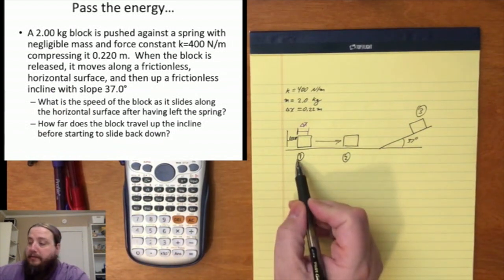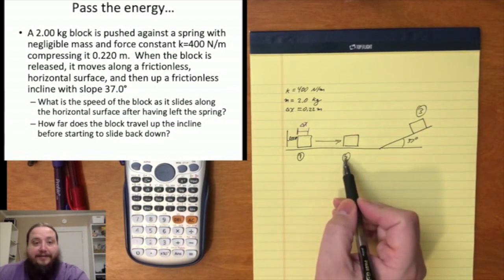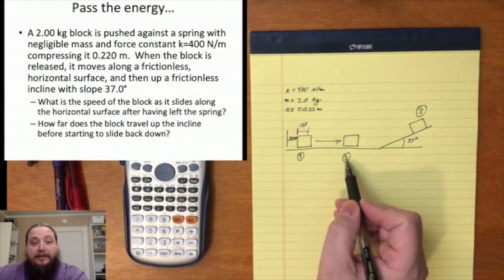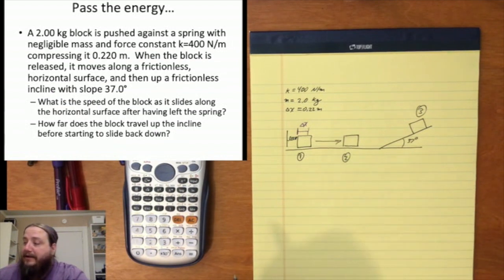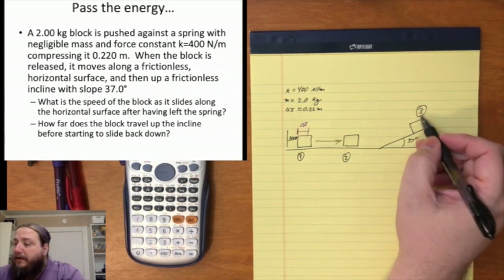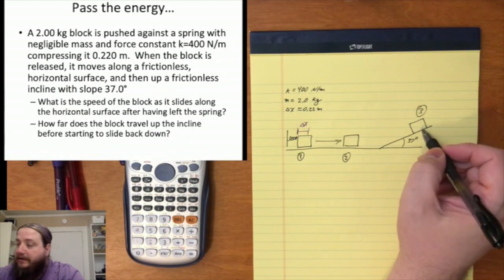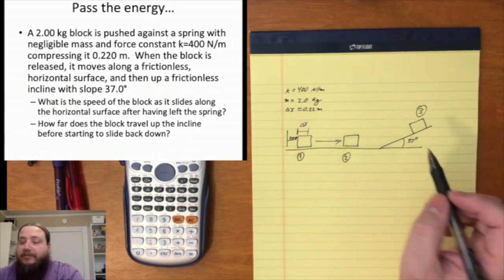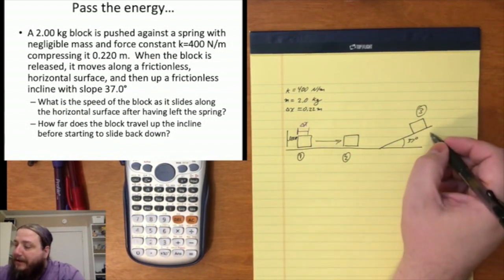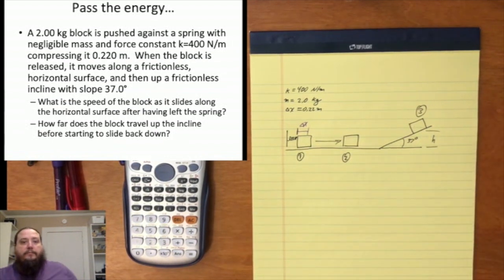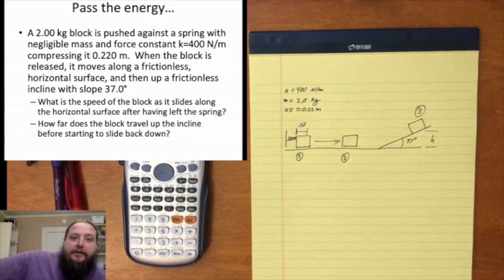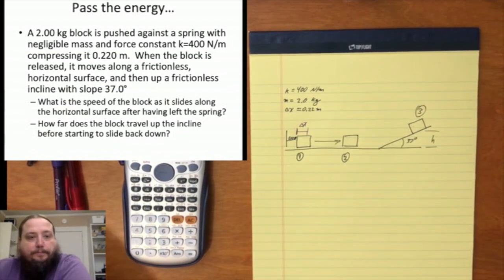The box isn't moving, but it's up against a compressed spring. The box isn't touching anything, it's in motion, and all of its energy would then be kinetic. And over here, the box has again stopped moving. It's not pushing against a spring, but it is now at some new height above the ground.